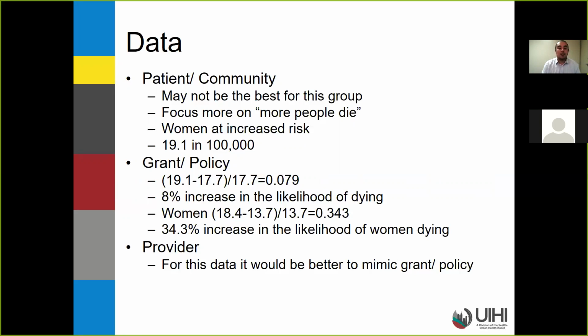So being able to create a message that says more urban AIANs die from diabetes than non-Hispanic whites, that's a clear and concise message. Within that same situation, I can provide links to more detailed information for those people who are interested, but not take my one chance at creating buy-in and use it to confuse the person who's reading.